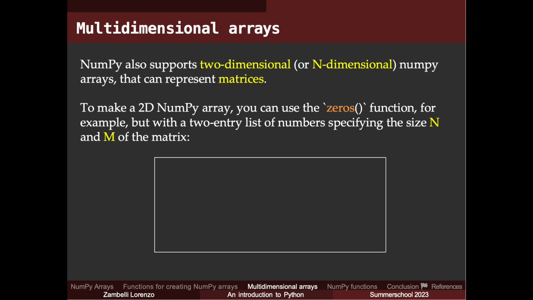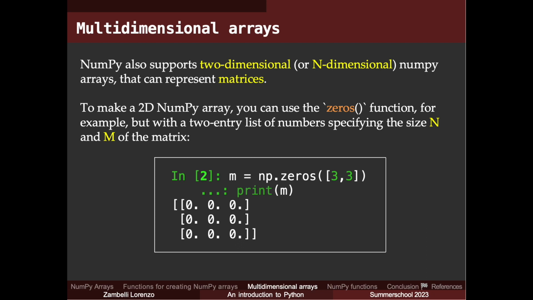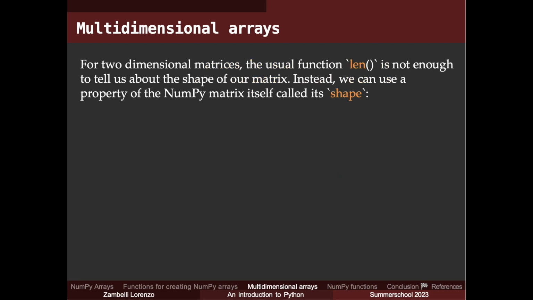For example, to create a 2-dimensional matrix with 3 columns and 3 rows, we just write np.zeros((3, 3)), and there you go. We can also use the ones function to have completely ones, so that's really nice.